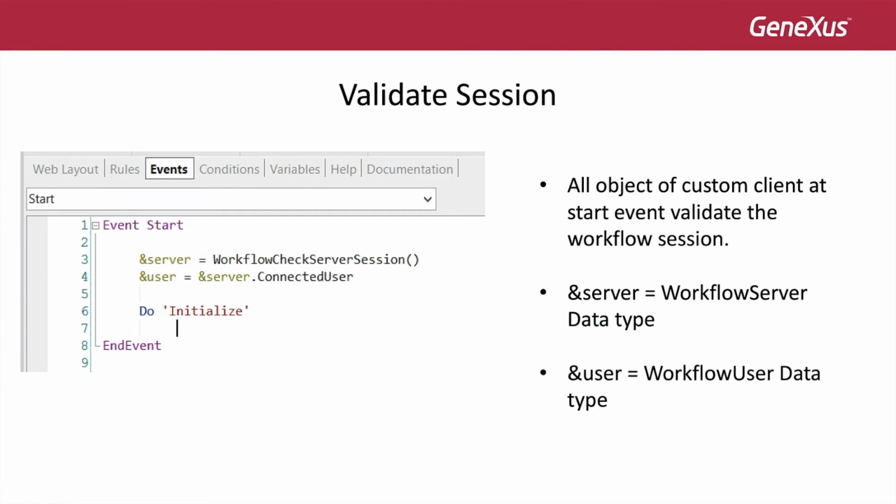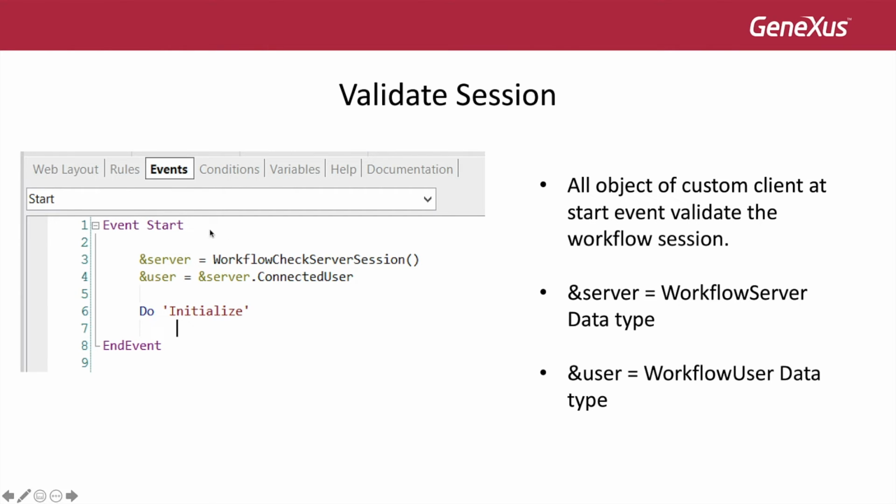If we look at the code of this panel, the first event is the Start event. Here, the web panel will validate the user session. Every object of the custom client checks if there's a valid session, and to do so, it uses a procedure called GXflow check server session.